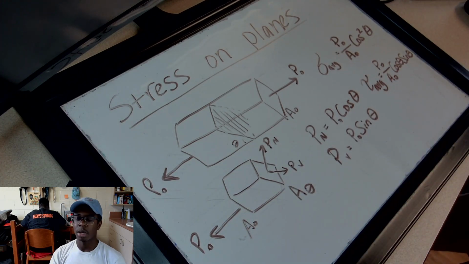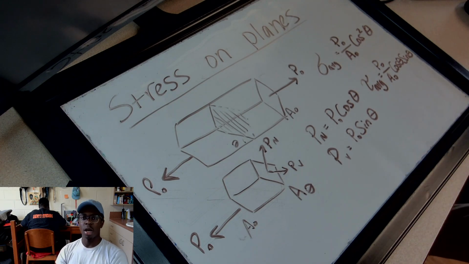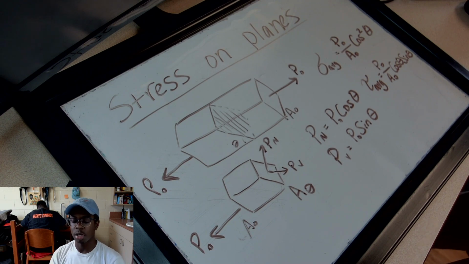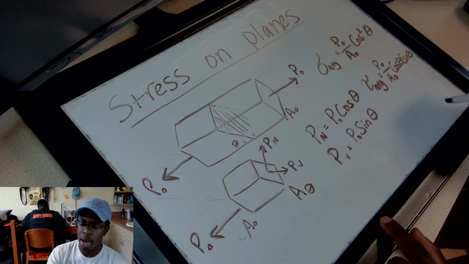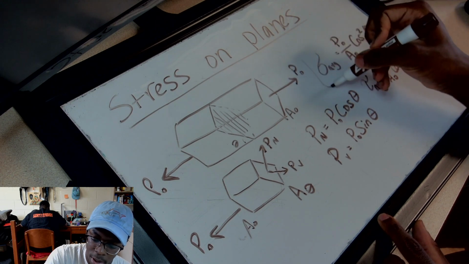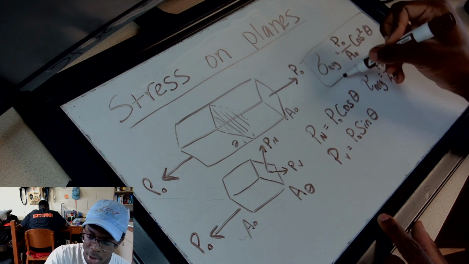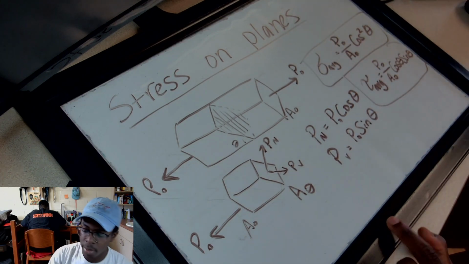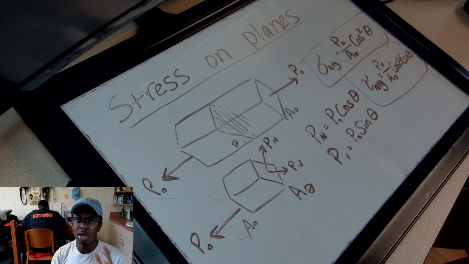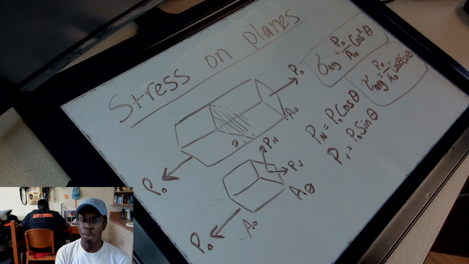You can go into the trigonometry of how that works. It should seem intuitive enough. If you want to see me go into exactly why these are the equations, then I definitely can in another video. But yeah, that's what our shear stress and normal stress are going to be when we have an angled plane.